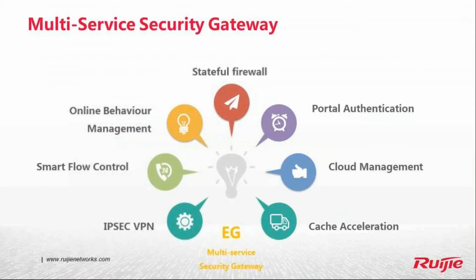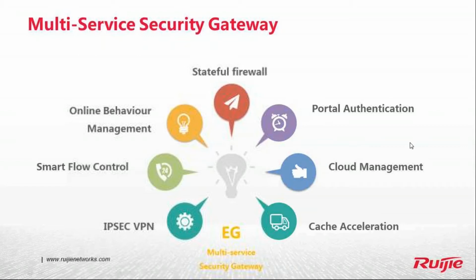Our key product features. These are all the features our security gateway can do. First of all, the EG gateway is a stateful firewall, and we can also use portal authentication, meaning the portal is served from this security gateway.